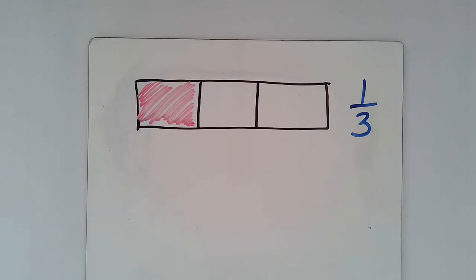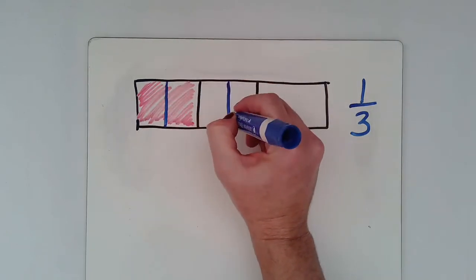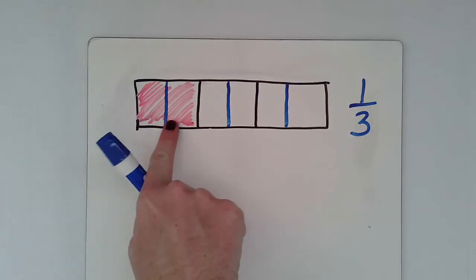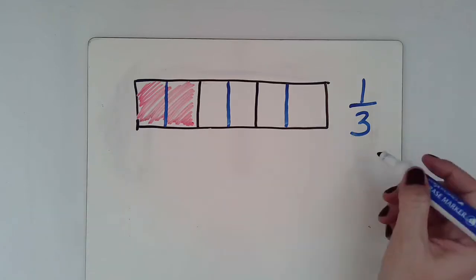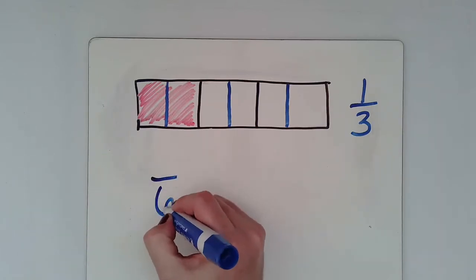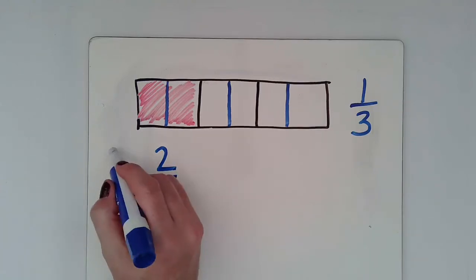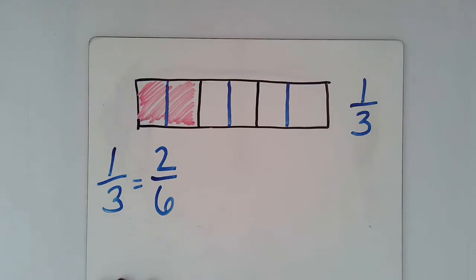Well, I could divide each part into 2, or I could have twice as many parts. Okay? The shaded amount did not change. However, now I have a total of 6 parts and 2 shaded. So this tells me that 1/3 is equal to 2/6.